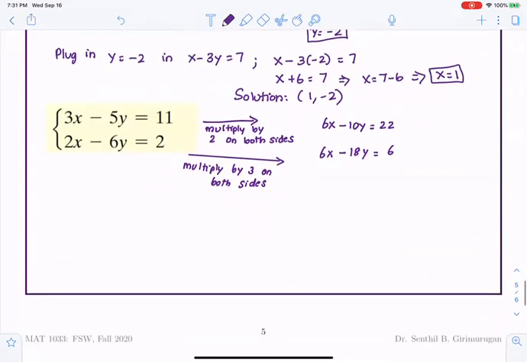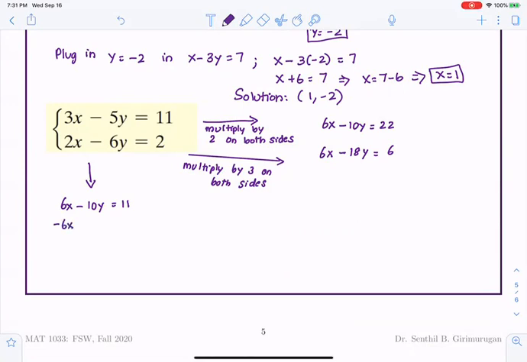What do I mean by that? I multiply the first by 2 on both sides, and I multiply the second equation by negative 3 on both sides.